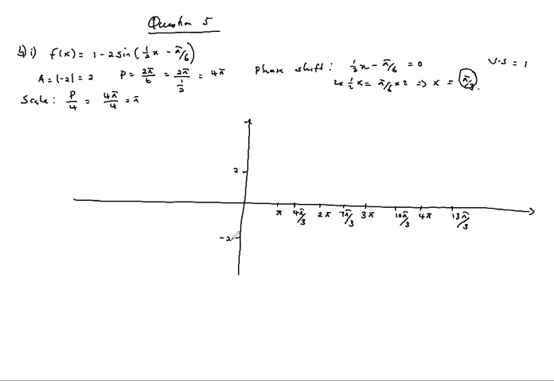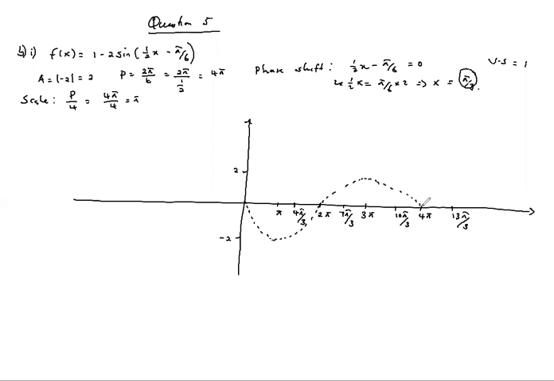So the original graph of sine, since it's negative, it will come this way. Since it's negative.